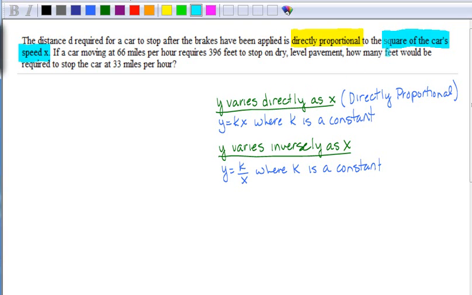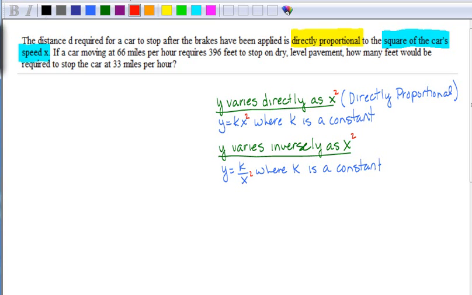If it was y varies inversely as x squared, we put a square there as well. By the way, if it was cubed, we put a 3: y varies directly as the cube of x, and so forth. So this one we're going to use x squared.